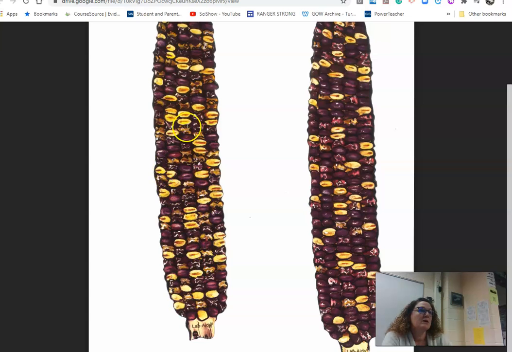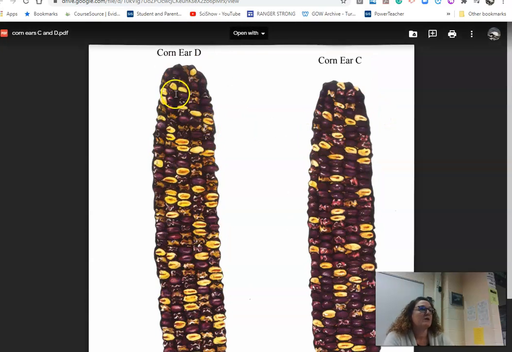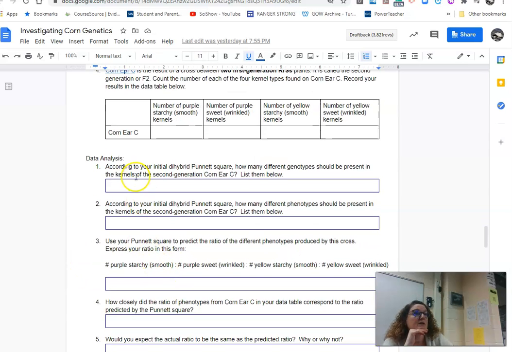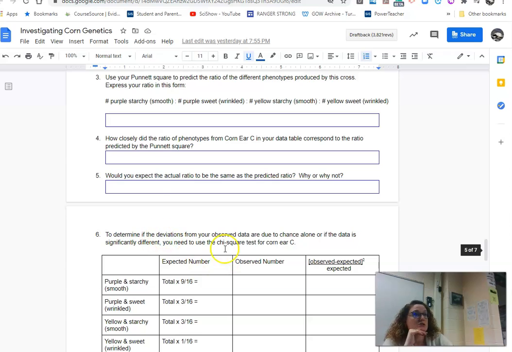These are the yellow. So this would be yellow smooth, this would be purple smooth, this would be purple wrinkled, that looks like a purple wrinkled, that looks like a yellow wrinkled, okay? So you're going to count again. The first time you're just counting ear C, right? And the second time you're going to look at ear D. So you record your counting in here, and then do some work, answer some questions.